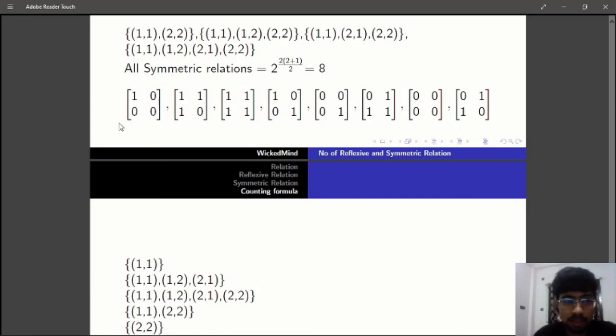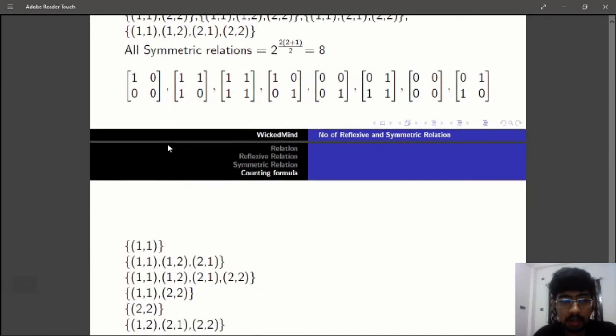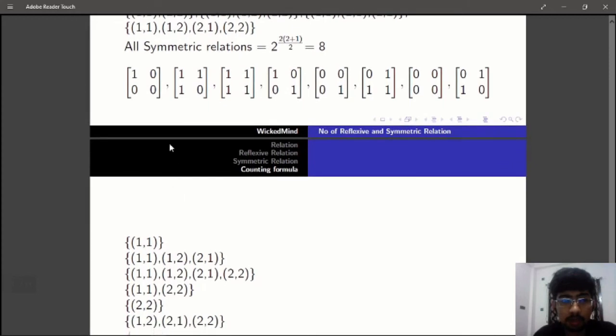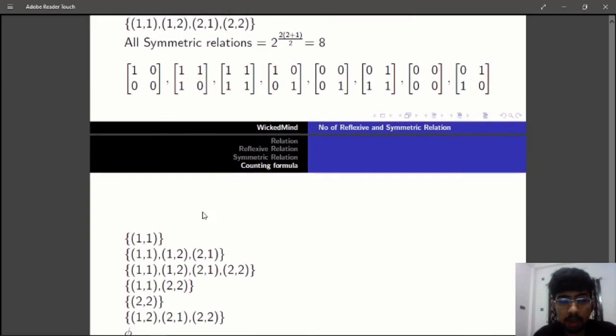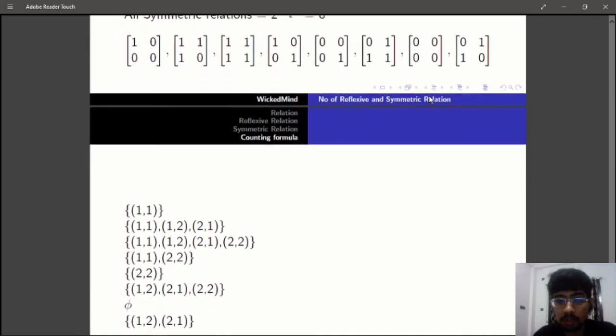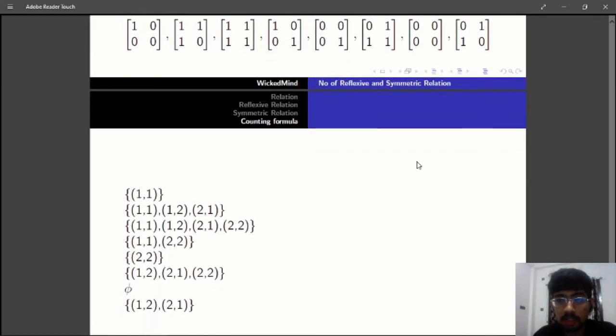So let's see, for the matrix 1 0 0 0, we have the symmetric relation (1,1). For the matrix 1 1 1 0, we have the symmetric relation (1,1), (1,2), (2,1). For the matrix 1 1 1 1, we have (1,1), (1,2), (2,1), (2,2). And for the others, we have this. Special mention: the matrix 0 0 0 0 will be phi, because phi is a symmetric relation.